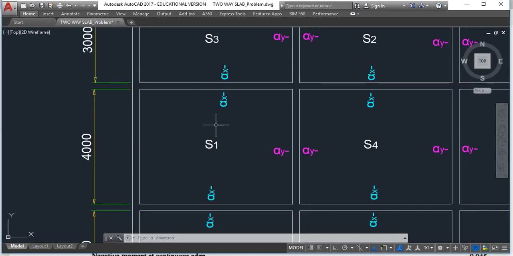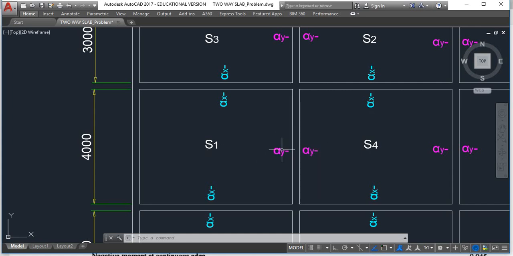Similarly, now if you check, this slab panel S1 is having continuity at all three edges. Now if you check, this is the short span. When short span is bending in sagging manner, long span will receive a negative bending moment because it is bending in hogging manner. Similarly, if long span is bending for this particular slab panel, sagging bending will induce a negative bending moment at short span.